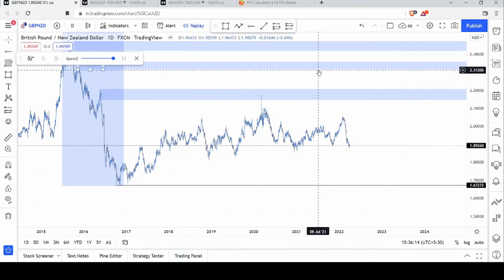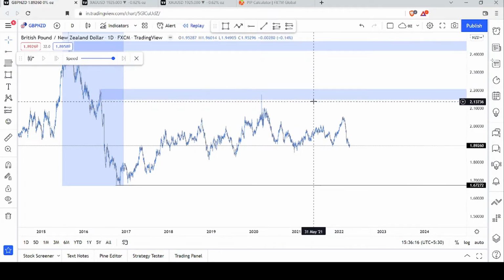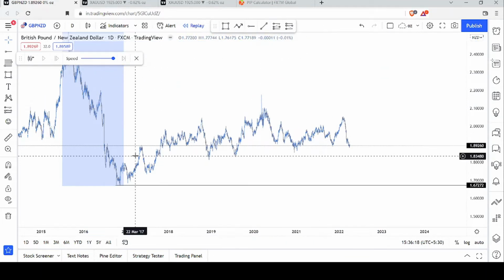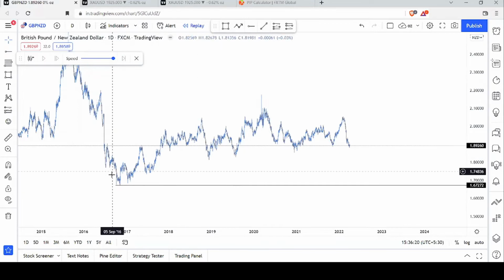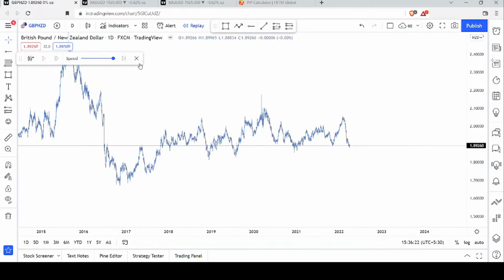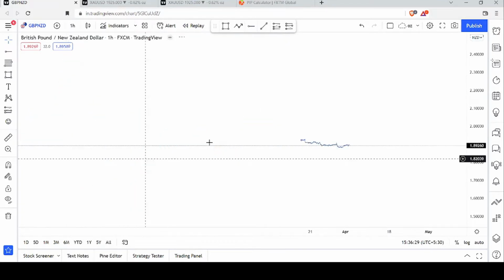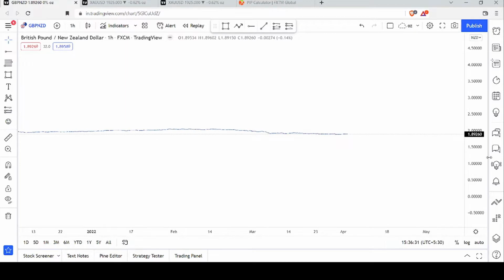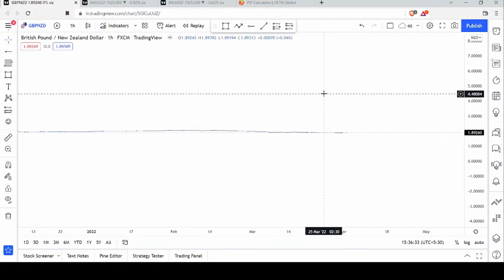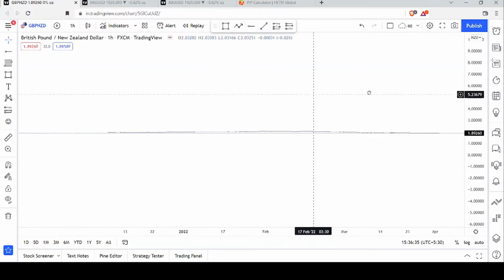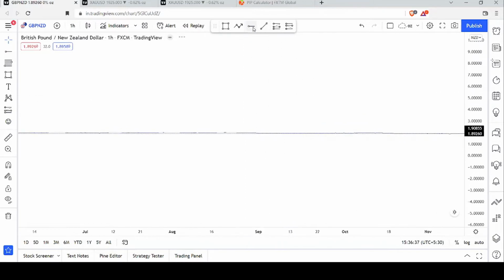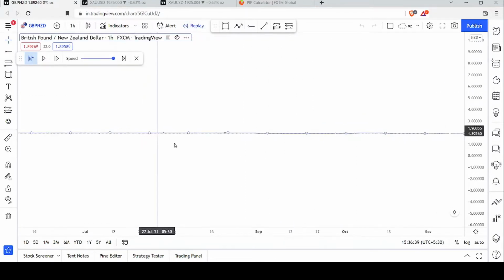So what we're going to do is let's go back to a much lower time frame. And then let's see, right? We'll close this. Let's do this on maybe a 1 hour chart. This, and then we'll take somewhere here, maybe.